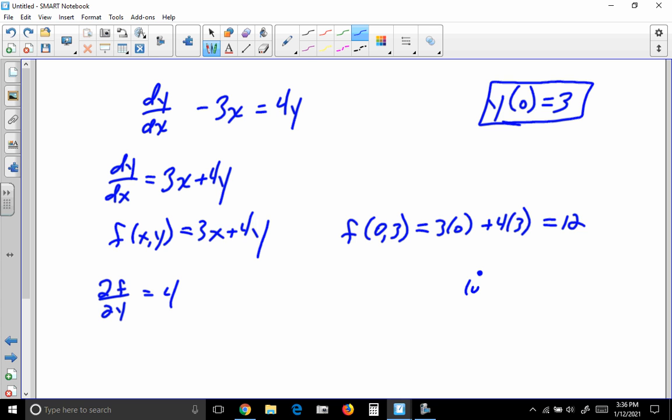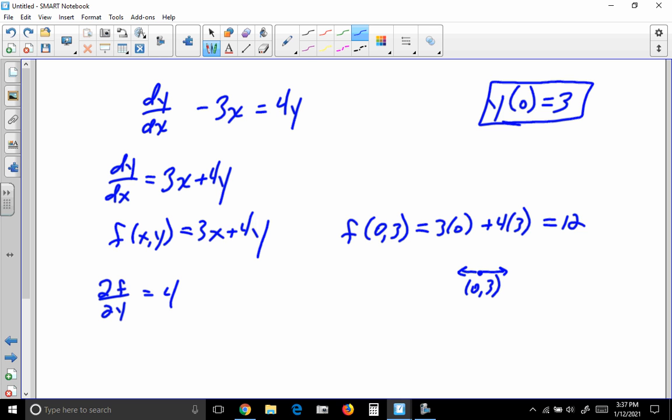So if this is 0, 3, if we go to the left of 0 or to the right of 0, are we still continuous? If we put a 0 in for x, we get an answer. If I move a little bit to the left of 0, 3 times numbers on either side of 0 still give us an answer. So if I go this way or this way, I'm still okay.